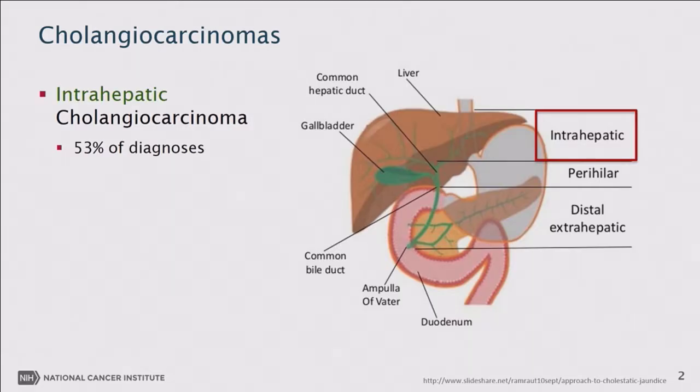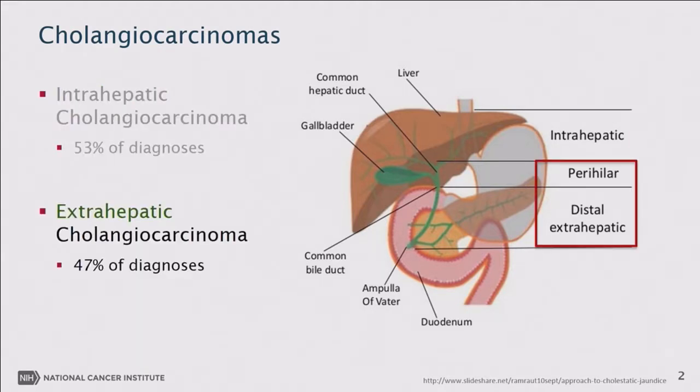Before I talk about the risk factors for cholangiocarcinoma, I want to start with a brief overview of the types of cholangiocarcinoma. There are two main types, intrahepatic and extrahepatic. Intrahepatic cholangiocarcinoma occurs in the bile ducts inside of the liver, and this accounts for about 53% of diagnoses in the United States. Extrahepatic cholangiocarcinoma occurs in the bile ducts outside of the liver, and this accounts for the other 47% of diagnoses in the United States.